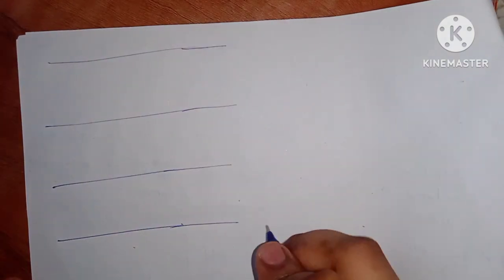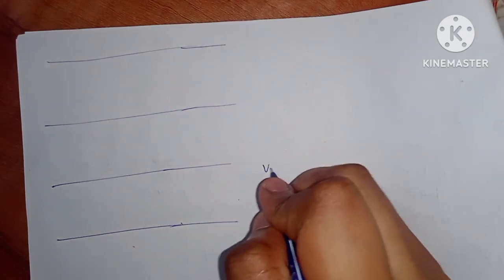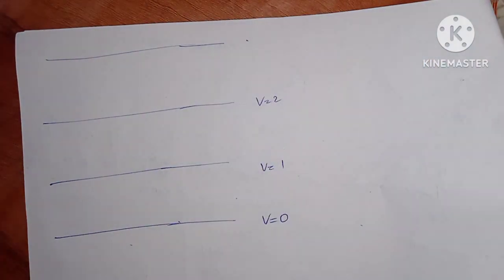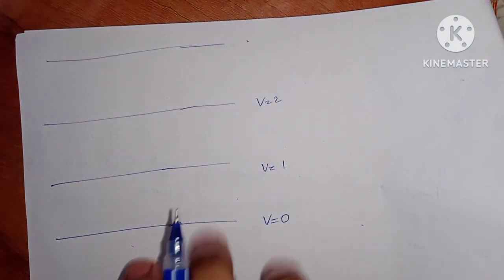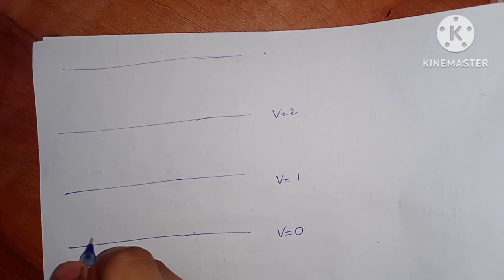Now let's see these things in the vibrational levels. In Raman spectroscopy also, the levels we are considering are vibrational energy levels: V equal to 0, V equal to 1, V equal to 2, V equal to 3. Initially our molecule is in the ground state.